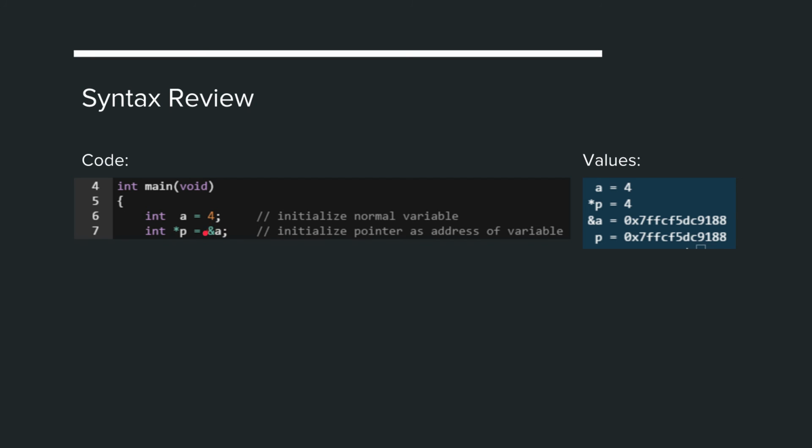It's indicating that we want the memory address. So here we're saying we want a pointer. It's going to store a memory address, and that memory address is going to be of an integer type variable. Then over here we're saying that integer type variable is going to be a. And a is equal to 4, as we wrote above right here.